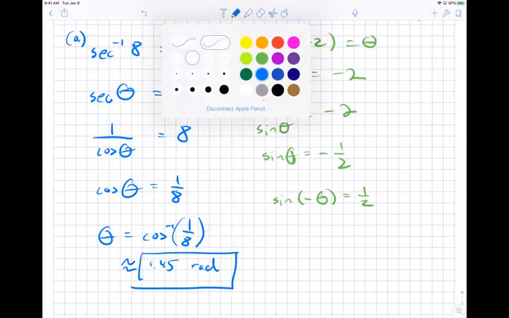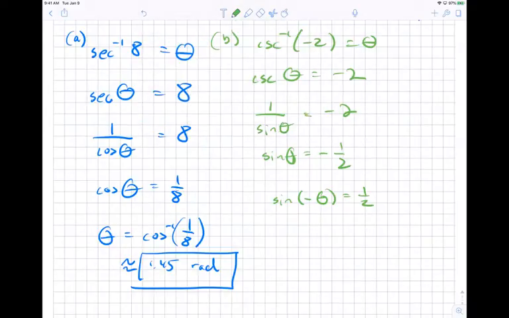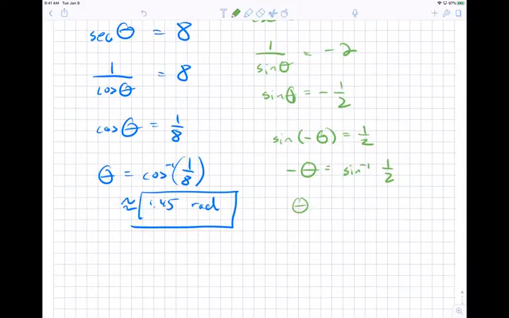So if we bring it on home, now we get negative theta equals inverse sine of a half. And so theta has to be negative inverse sine of a half. That's what we would type in the calculator. I guess we could have done the negative 1/2 too.